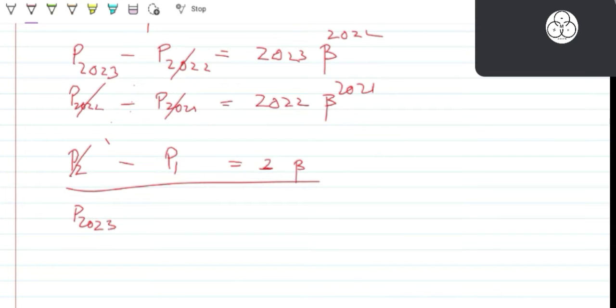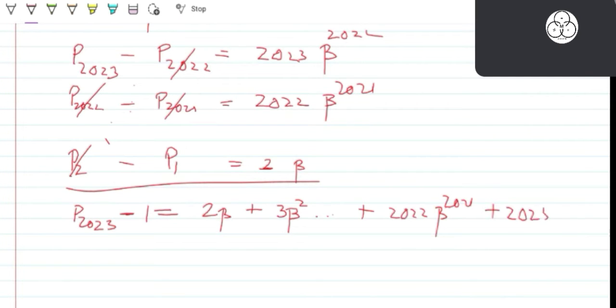P2023 minus 1 is 2 times beta plus 3 times beta square, and so on, up to 2022 beta to the power 2021 plus 2023 beta to the power 2022.